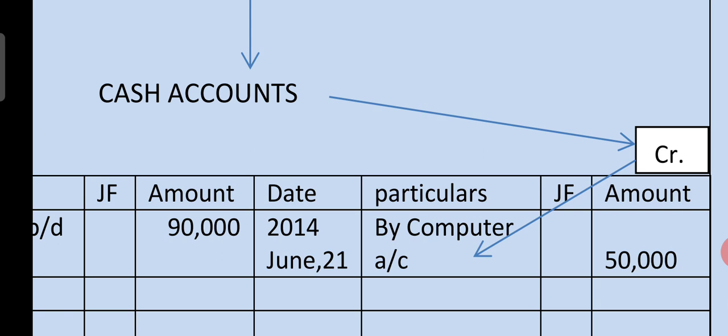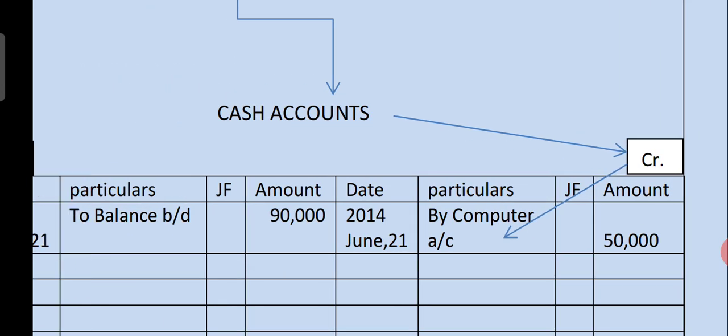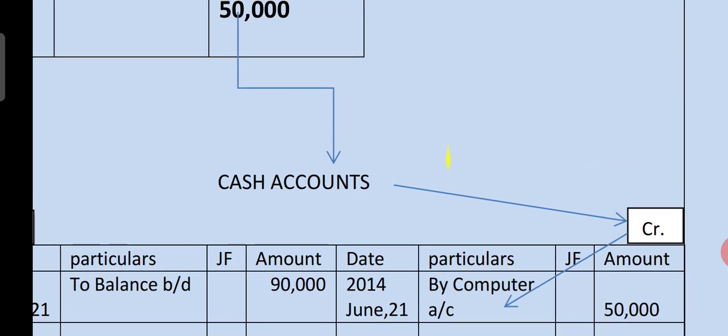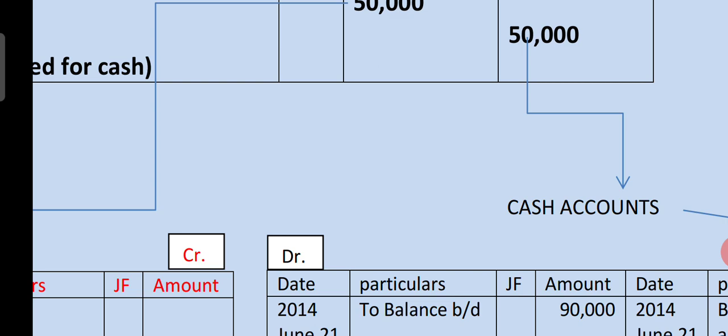Next, in the date column you write the date and month, that is 2014 January 21st. After that, in the particulars column, the opposite entry of the cash account is the computer account. So you write 'By computer account', then in the amount column you write 50,000. So what we did: first we observed which account is the credit entry account.